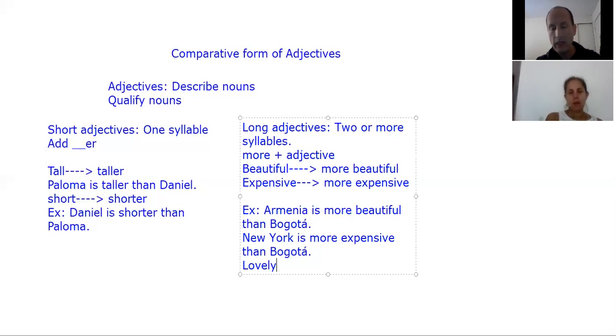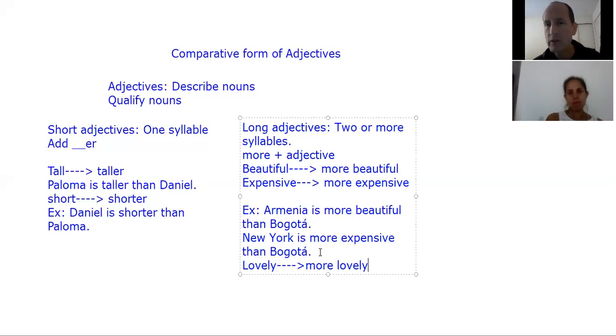Lovely is something that is adorable, algo adorable, algo muy chévere, algo bonito. In this case, it's got 2 syllables, and we can say more lovely than. Okay, more lovely.